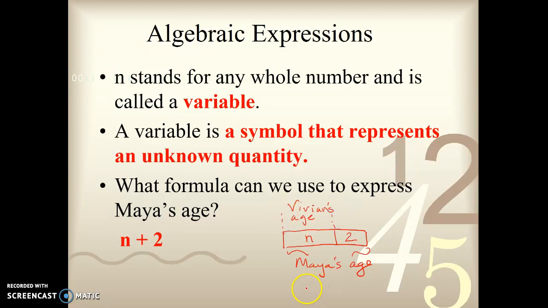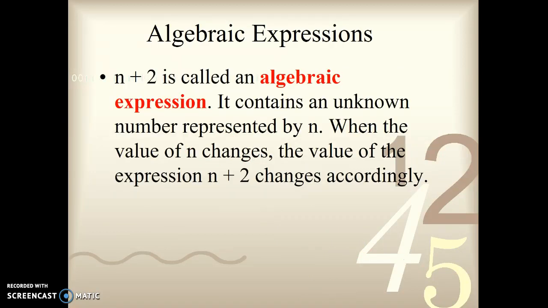Maya's age is n plus 2. N plus 2 is called an algebraic expression. It contains an unknown number represented by n. When the value of n changes, the value of the expression n plus 2 changes accordingly.